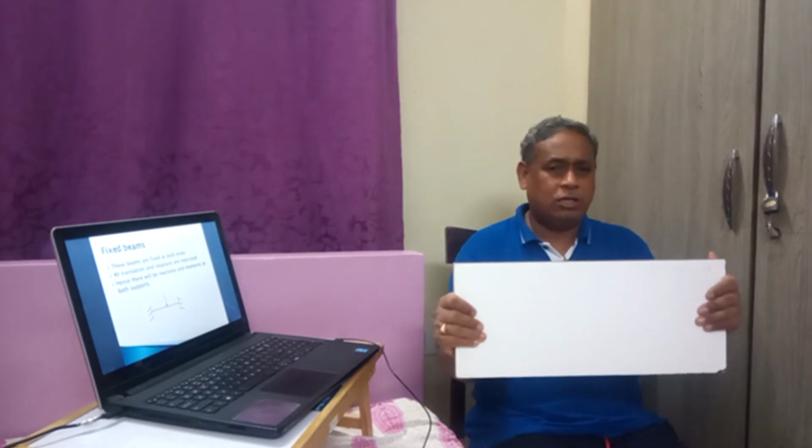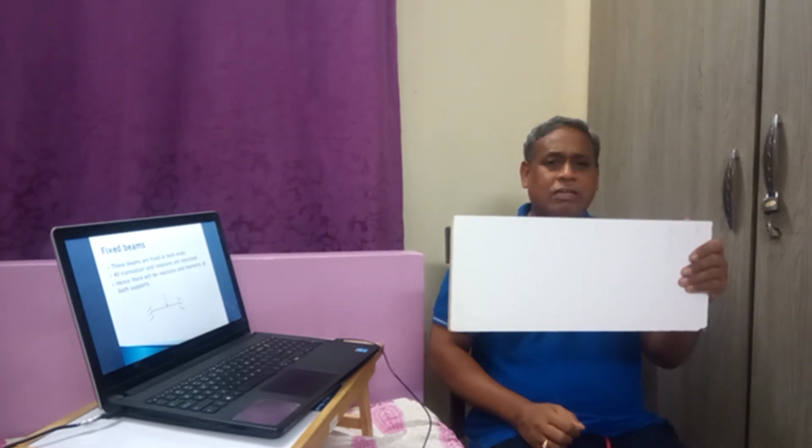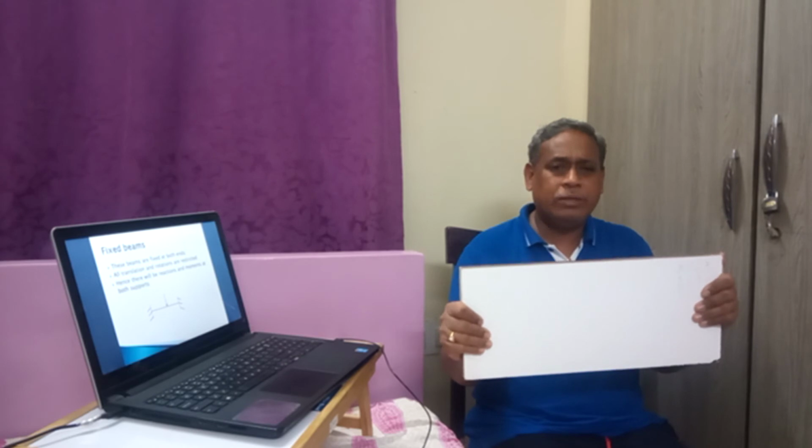In modern construction we are constructing framed structures, that is, all the structures are constructed using columns and beams cast monolithically. This type of beam is called a fixed beam. Here both ends are being held. In the cantilever beam one end is free, but here another fixity is provided, so there cannot be any movement or rotation at both ends.